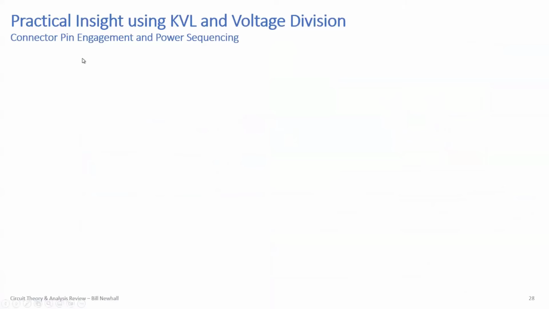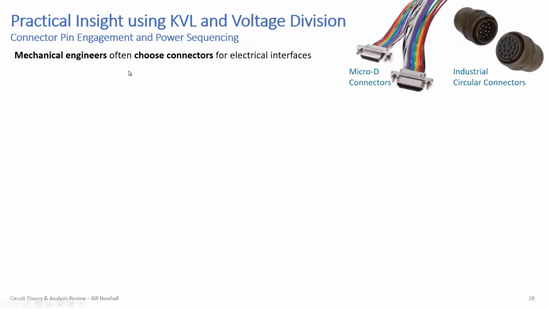This is an example which illustrates the importance of connector pin engagement, the order of pin engagement, and power sequencing. It's often, in a couple places I've worked, that mechanical engineers choose connectors for electrical interfaces, like these micro D connectors or these industrial circular connectors.